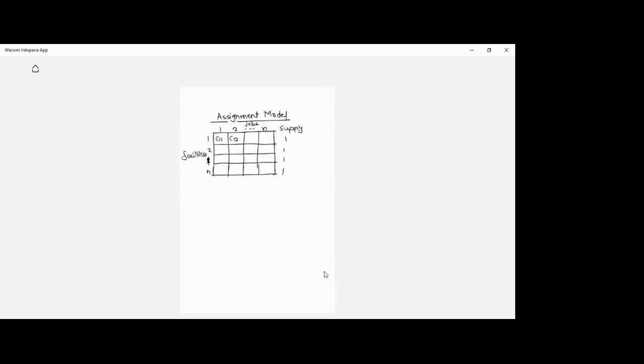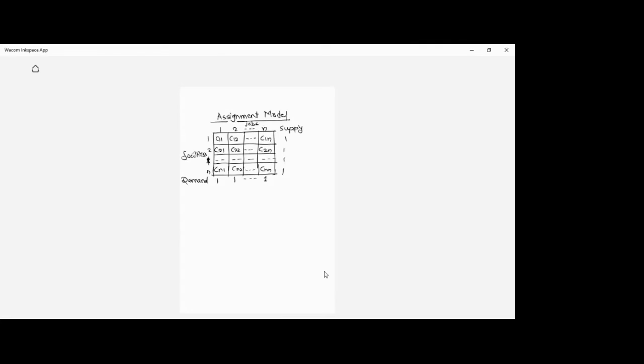C11, C12, and C1n, C21, C22, C2n, and lastly N1, N2, CNN, with demand 1, 1, and 1. So this was the matrix that we saw in the morning.